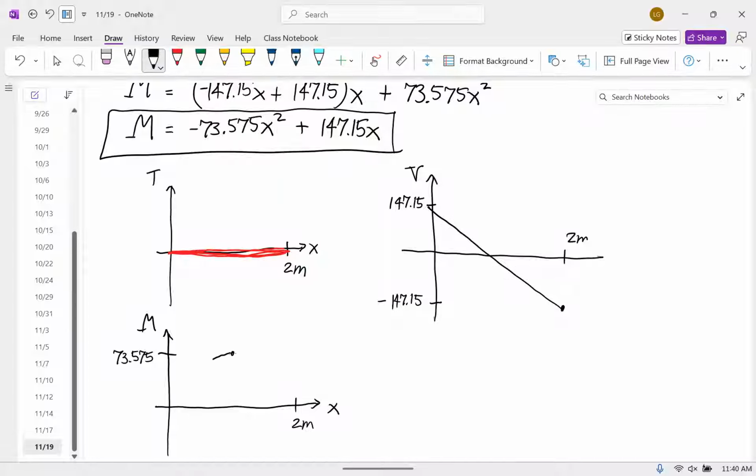And it's a quadratic, so this is like a parabola. It looks something like that. Will the bending moment always be quadratic? It will always be quadratic for uniform distributed loads. For other shapes, it'll be different.